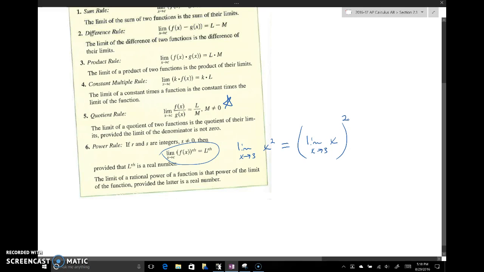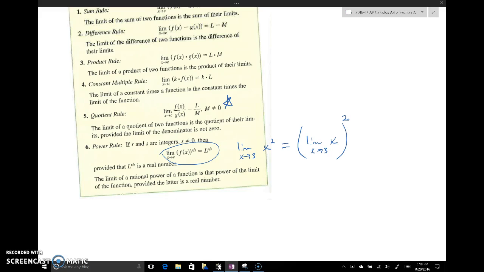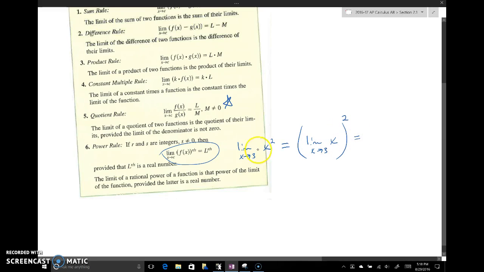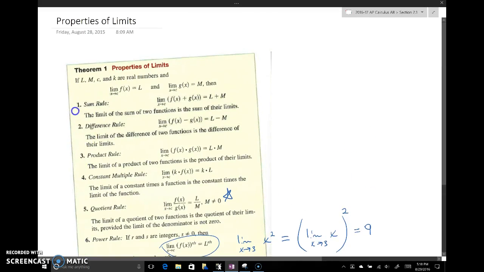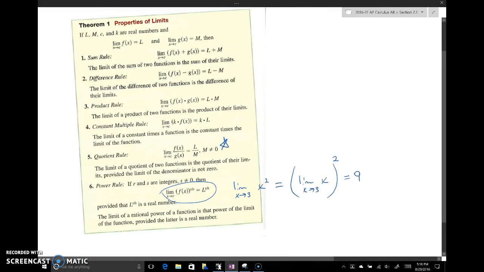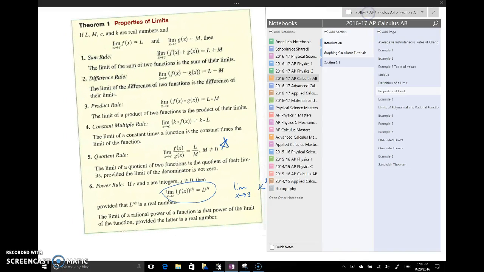So we can take the limit of the function on the inside and then square it afterwards. And x is actually defined at 3, so we can use the substitution rule, just put in a 3 and we'll end up getting 9. Okay, so make sure you review those properties. That's what we're going to be using in the rest of this lesson.